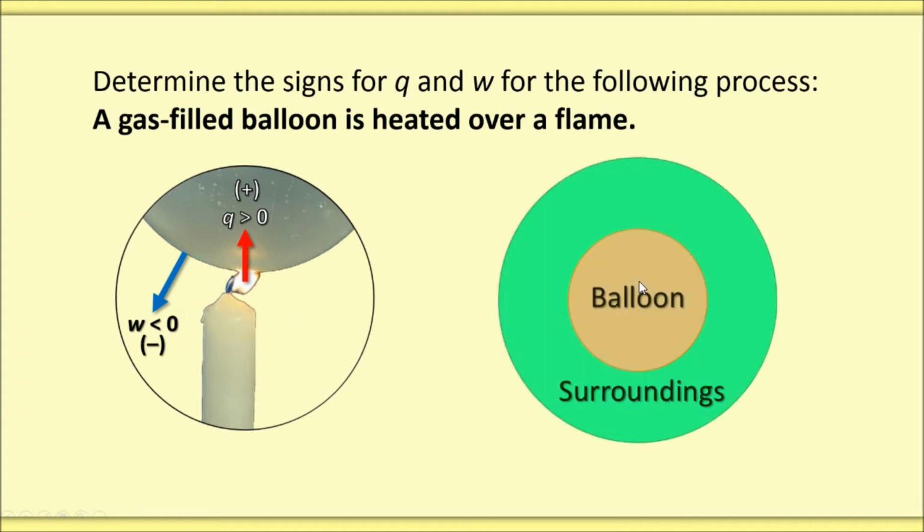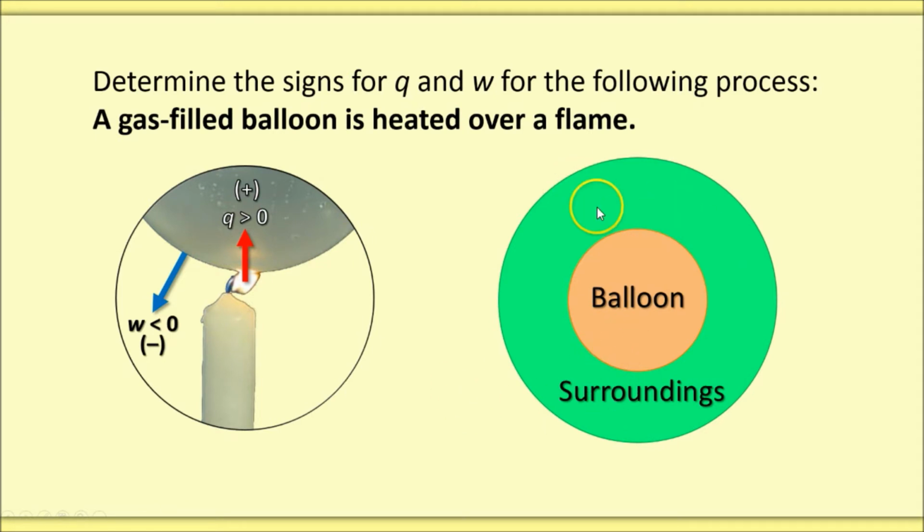Now, I'm going to put this into our system surrounding diagram because on an exam or on your homework or something like that, it's much faster to draw something like this than it is to try to draw an accurate sketch like this.